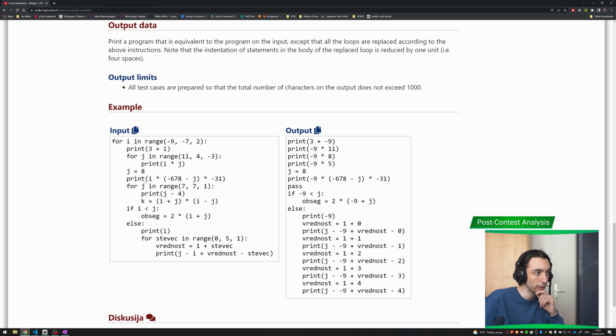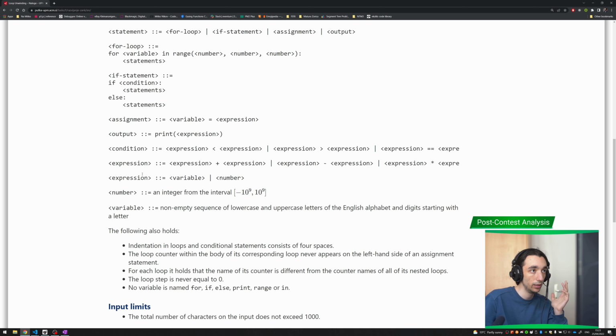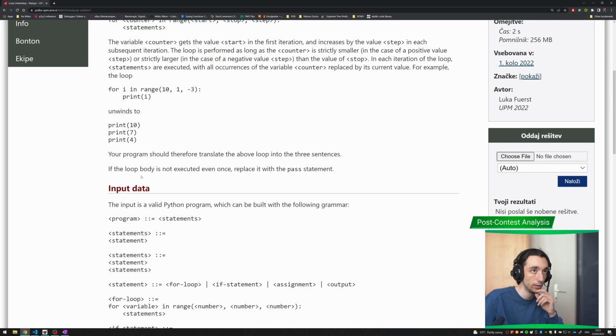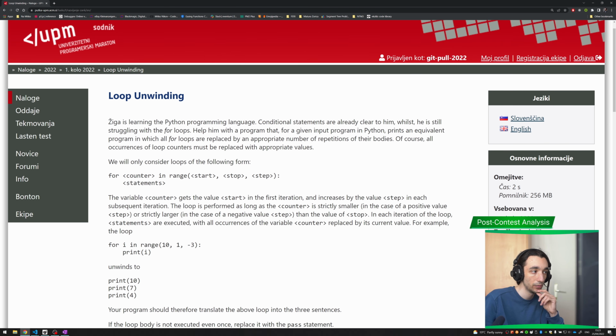It's maybe not that bad to write, but it will certainly have some edge cases, and you should be a bit more cautious about a problem like this.